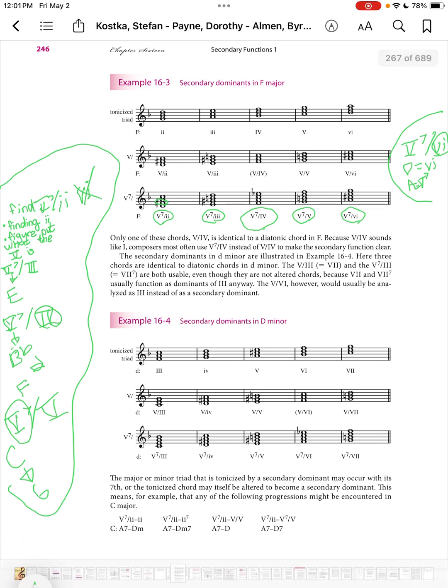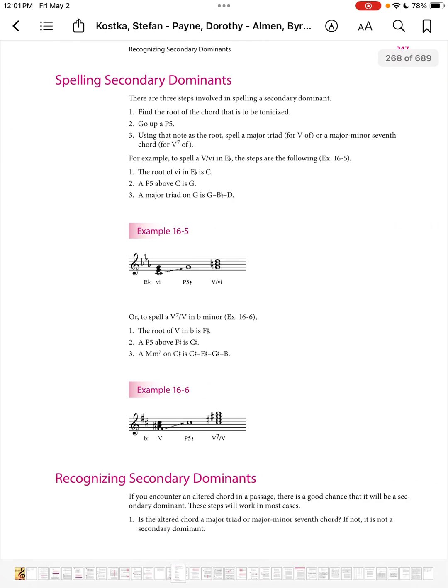So this is all the triads right here. Secondary, okay, I think I just got into that one. And hey, thank you, Dr. Miranda, for your shortcuts. I remembered them. So I don't think I have to go to this one.